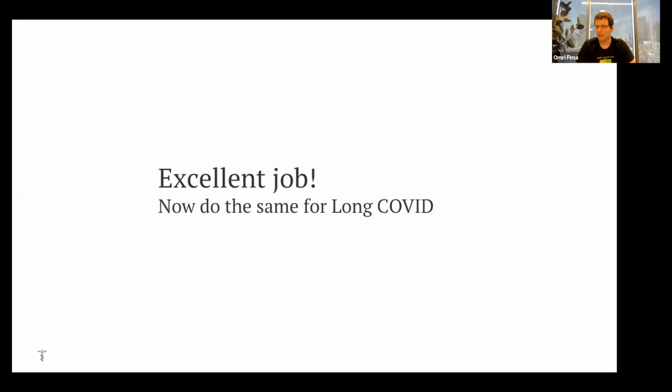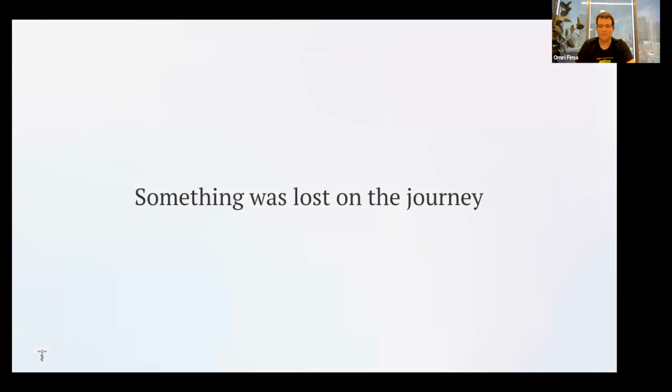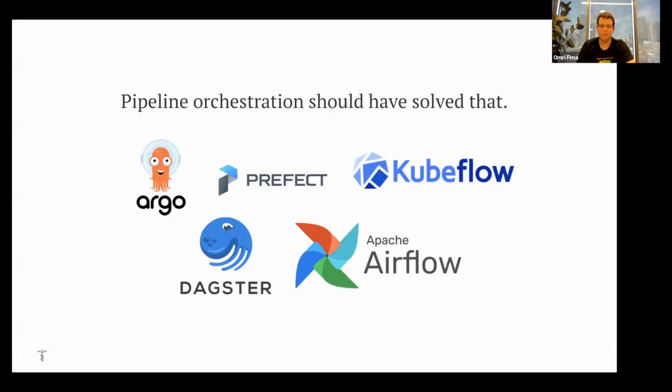And I'm looking at my data scientists and data scientists looking at me and they're saying, oh dear, because while we were moving from experimentation to production, we've lost something in the journey. Because pipeline orchestration should have solved the issue of creating robust machine learning pipelines, but they have introduced a lot of new complexities and new troubles.